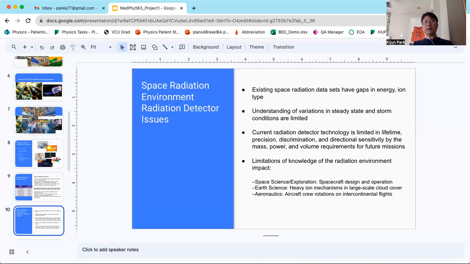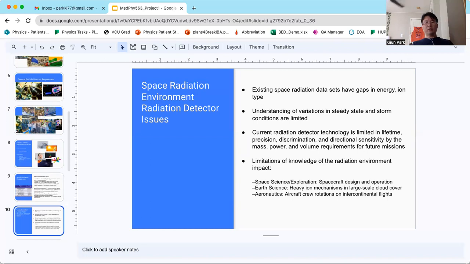Secondly, we have to understand the variation between steady state and storm conditions, with solar storms coming in or stable states, and there are big differences. There are so many variations at play, and there is no finite configuration. There is no lab space experiment. It is going outside, and so many varieties play a role.